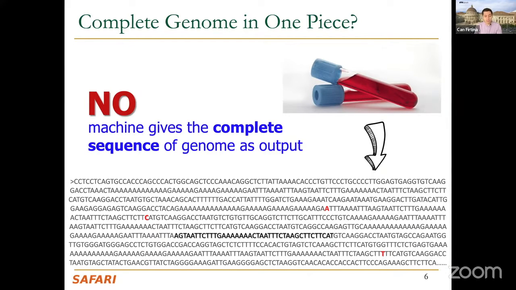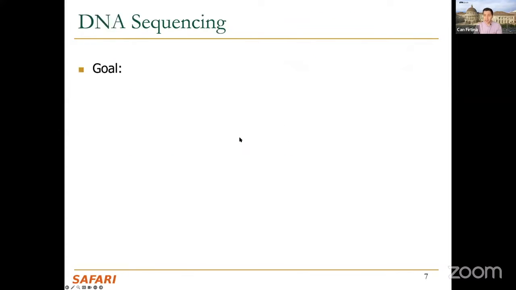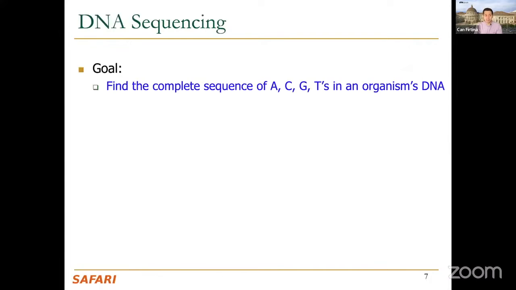Rather, DNA sequencing technologies generate fragments of DNA, because this is how they take the DNA as an input.